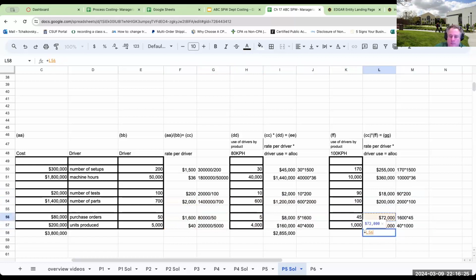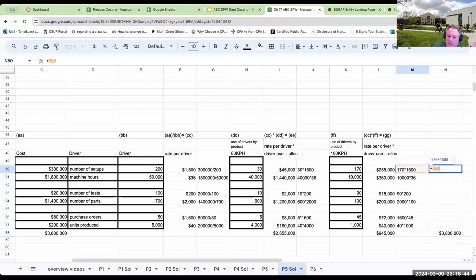And there we go. I add these up, and this will tell me how much I'm allocating to the 100 kph. Notice here, the total amount of the overhead being allocated has to equal 3.8 million.